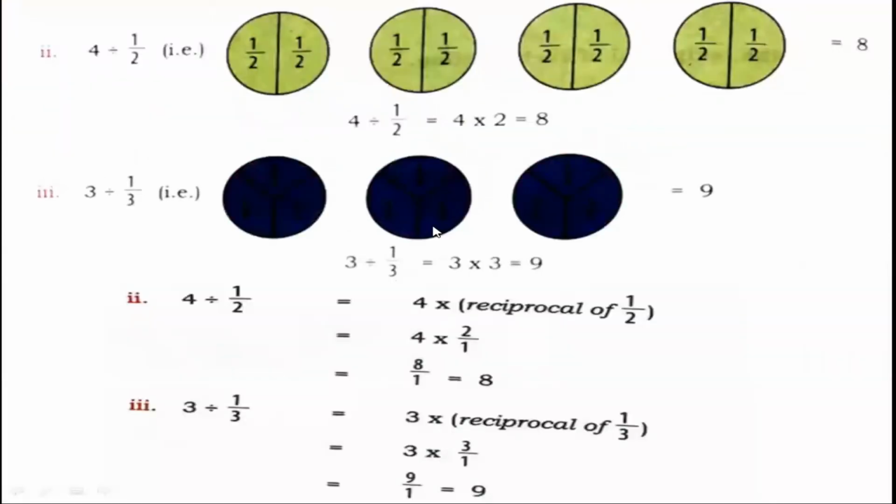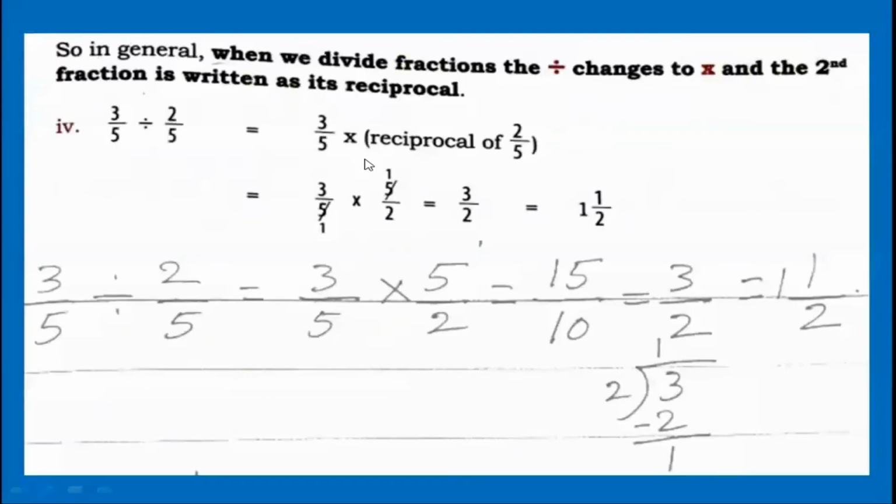We see the same pattern in the other examples. So in general, when we divide fractions, the divided by symbol changes into multiplication and the second fraction is written as its reciprocal. For example, number 4. 3 by 5 divided by 2 by 5 is equal to 3 by 5 into reciprocal of 2 by 5.